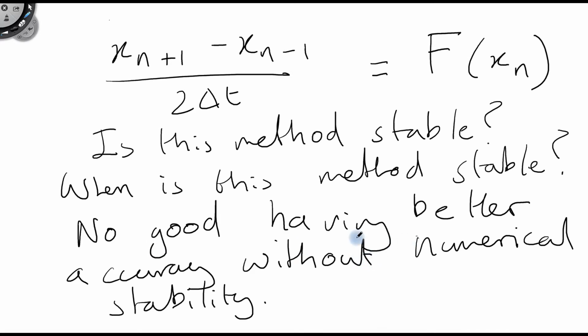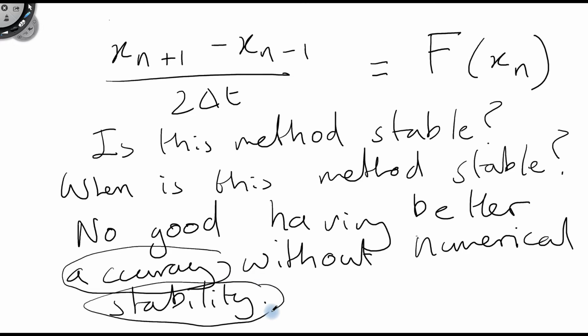So you have to bring in both those things, accuracy and stability. And I make no apology for repeating this idea again and again, that we have to have these two ideas, accuracy and stability, and they have to go hand in hand. And remember, I drew a little seesaw that illustrated that.